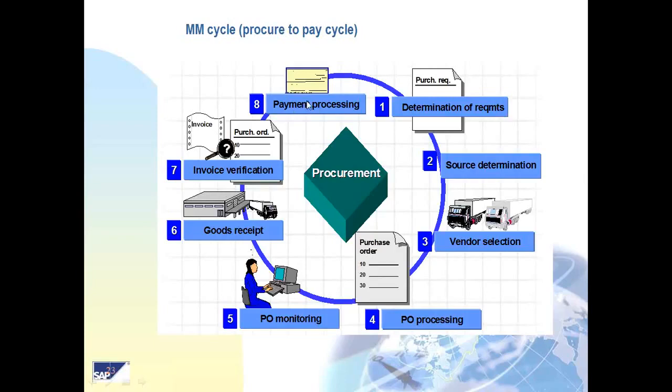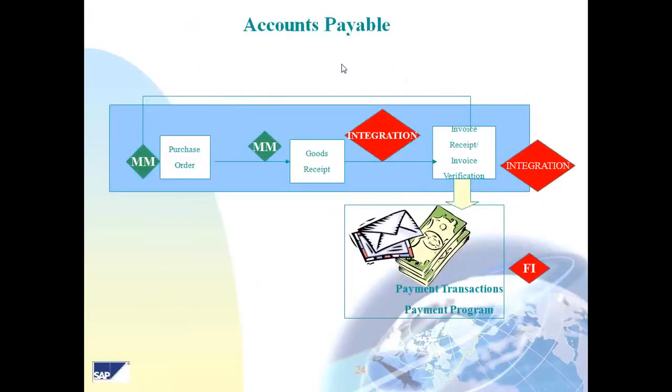During the payment, there is no MM document, only the FI document, because once the invoice is released for the payment, the FI department can make the payment by the APP program or normal manual payment programs. So this is the accounts payable cycle, as already discussed. PO and GR, and GR and invoice receipts require integration, and of course FI is required to make the payment.